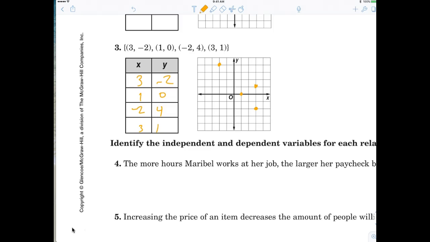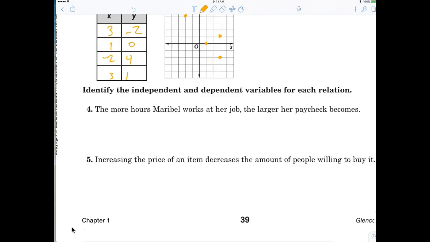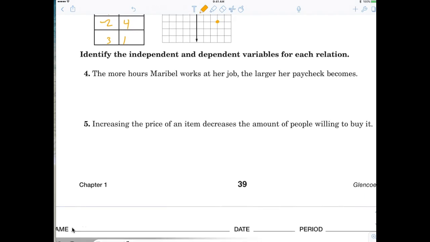All right. Now, identifying independent and dependent variables. This is a little bit tricky for kids sometimes, but let's look at number 4. The more hours Maribel works at her job, the larger her paycheck becomes. So what depends on the other?